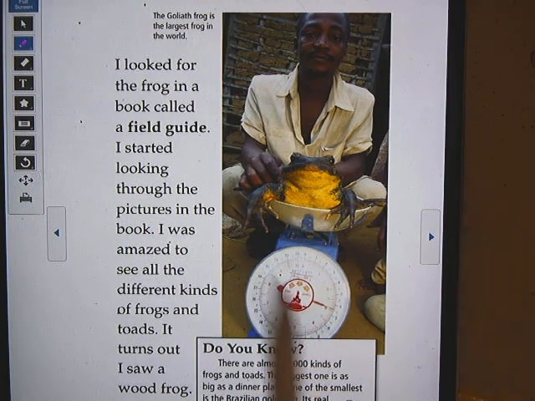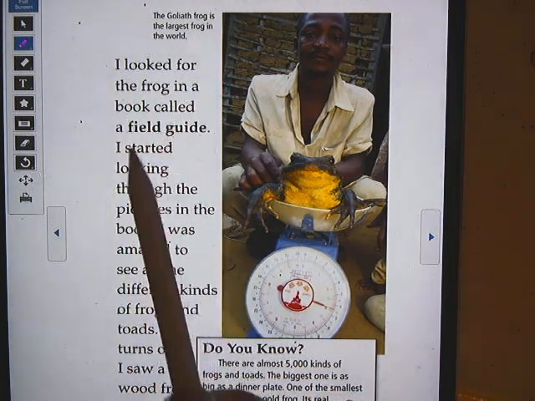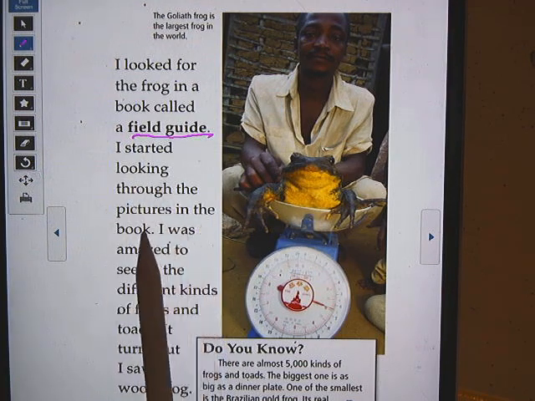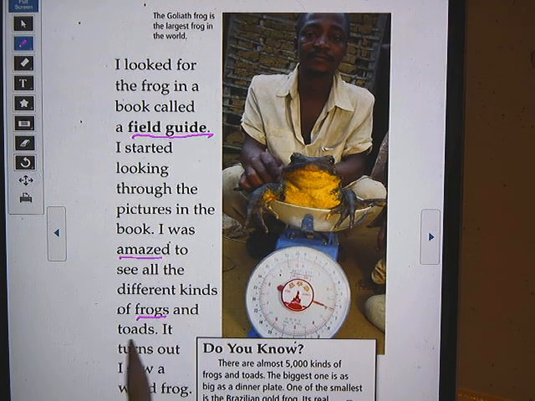I looked for the frog in a book called a field guide. And we remember what we said a field guide is. It's a book that tells you information about animals. I started looking through the pictures in the book. I was amazed to see all the different kinds of frogs and toads.